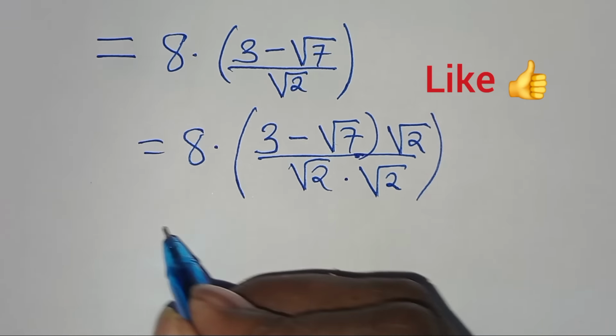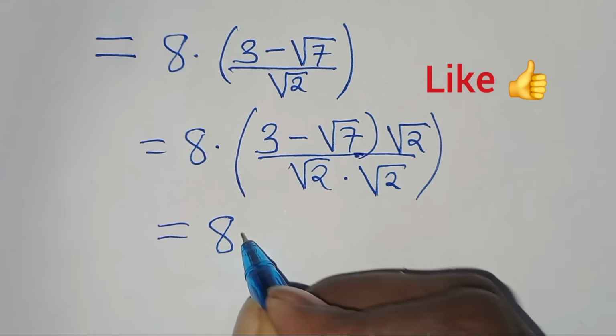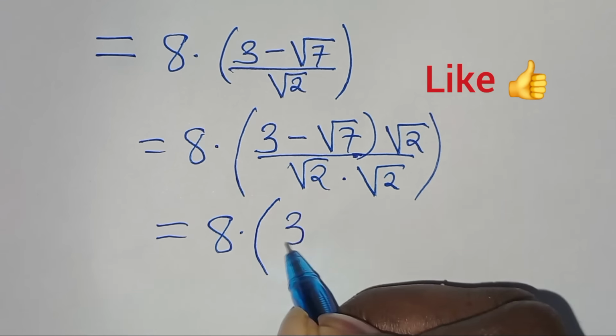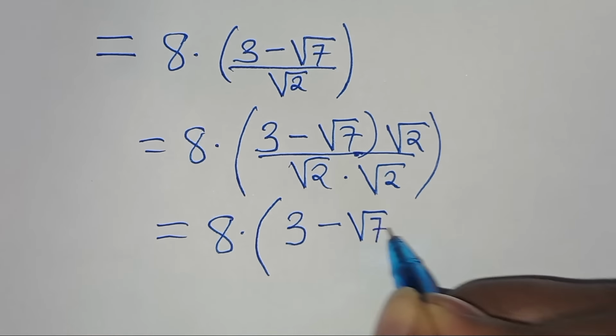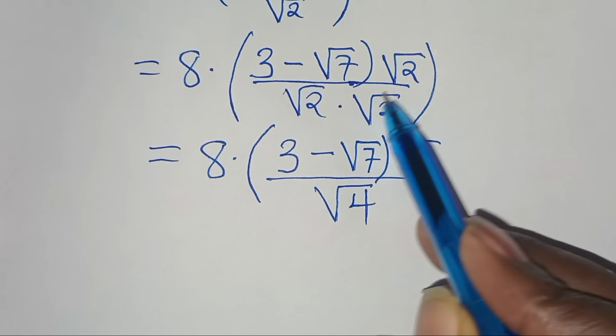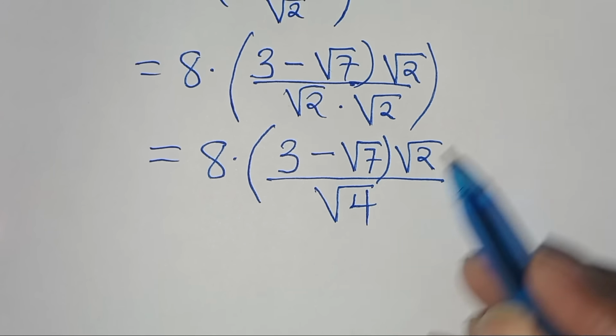So that now here we have 8 multiplied by, now here we have 3 minus square root of 7, this multiplying by square root of 2, then divided by square root of 2 times square root of 2, this is square root of 4.